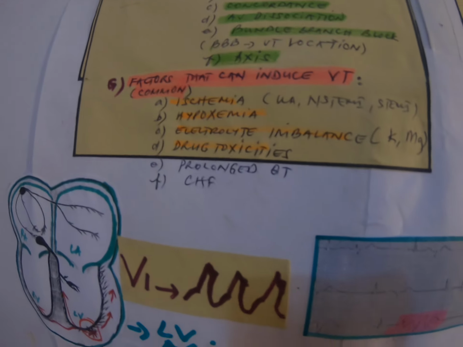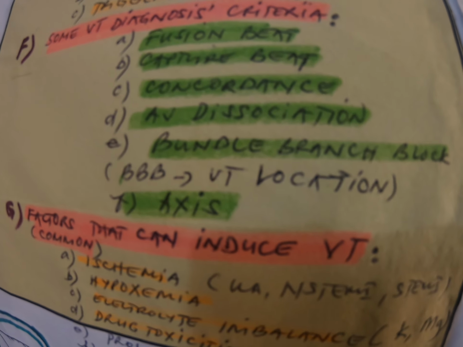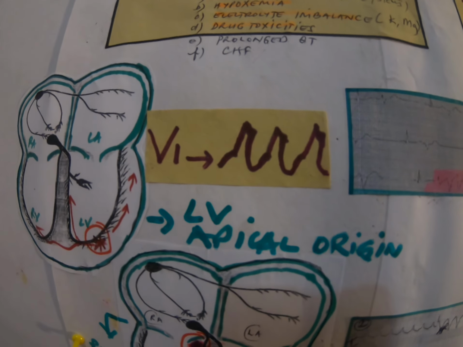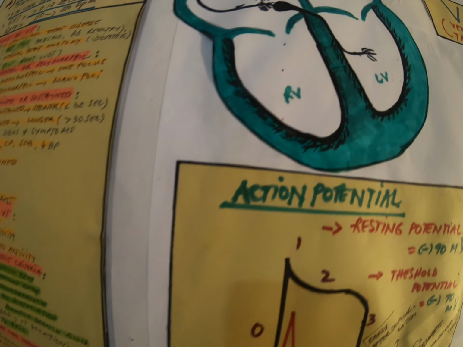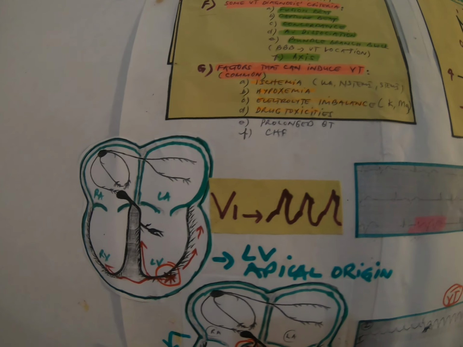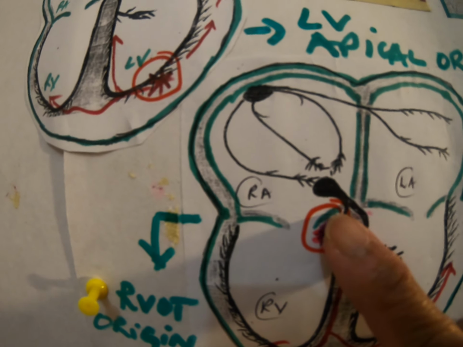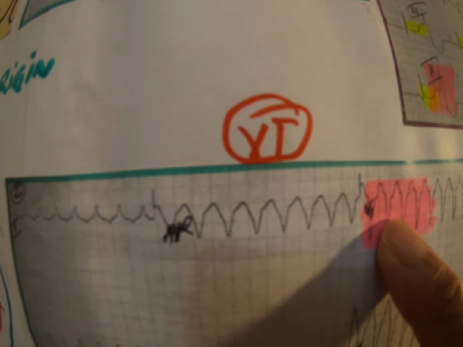Okay, and the bundle branch block, as I said, proceed. Is your VTAC coming from the right ventricle or from the left ventricle? There's an example here, the right ventricular outflow tract. The VTAC is coming from the right ventricle right here, so you expect to see a left bundle. Okay, that's a left bundle here.